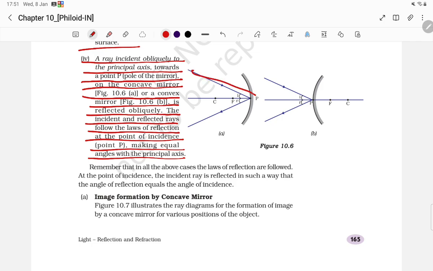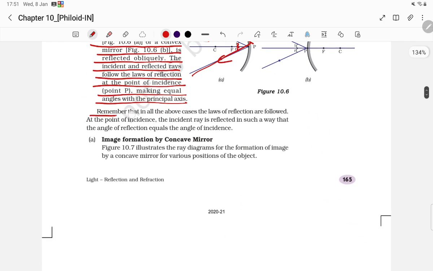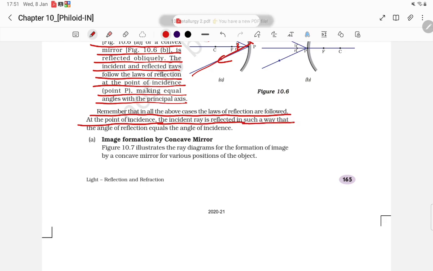So if it falls on the pole, it will be reflected back at the same angle. Remember that in all the above cases, reflection follows at the point of incidence, with the angle of reflection equal to the angle of incidence.